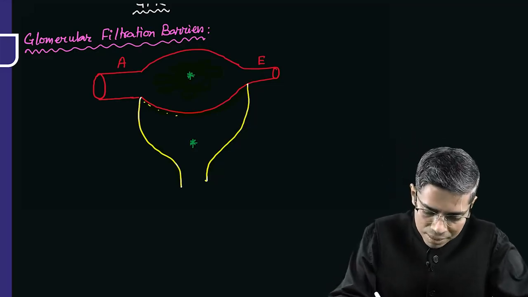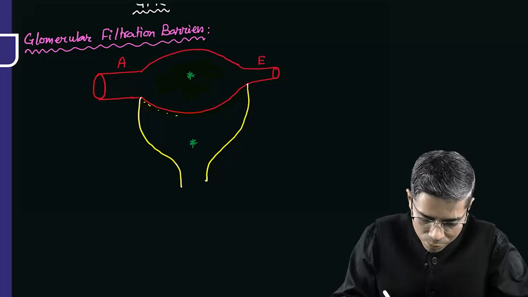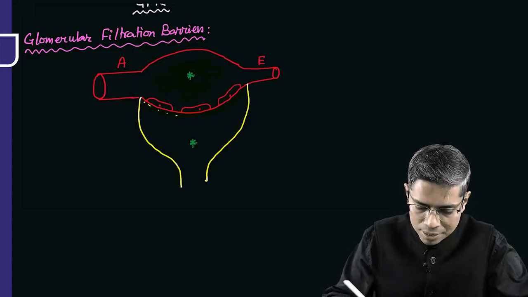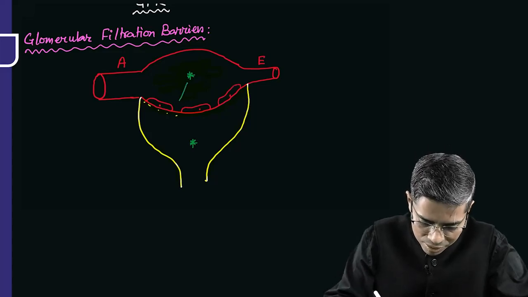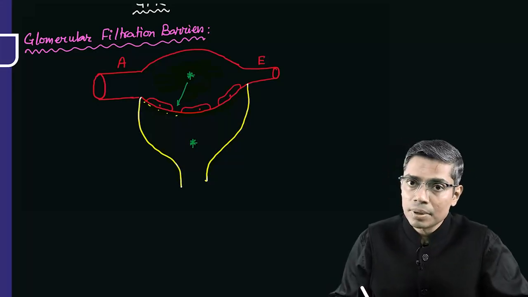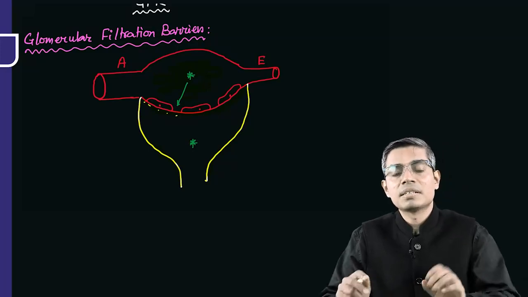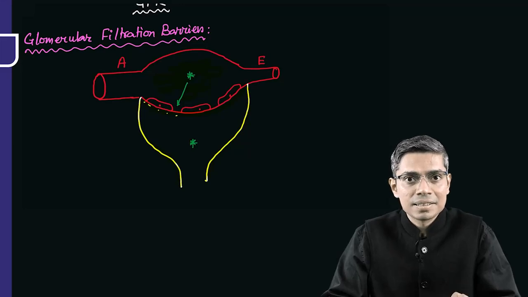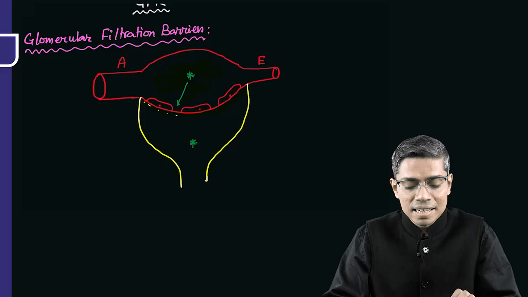First of all, these substances have to pass in between the endothelium cells of the capillary. So I am drawing the endothelium cell of this glomerular capillary. So the substances first have to pass in between two endothelium cells. So what kind of endothelium cells are present at the level of glomerular capillary? They are fenestrated in nature.